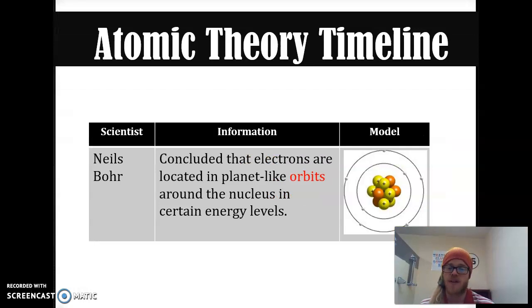Niels Bohr, this is a very important model, it's a famous model. He concluded that electrons are located in planet-like orbits around the nucleus in certain energy levels. So if we take a look at that, that is the model that we use to draw. You're going to see a lot of Bohr models to represent atoms because it's hard to draw the cloud, right, where things are moving within the cloud.